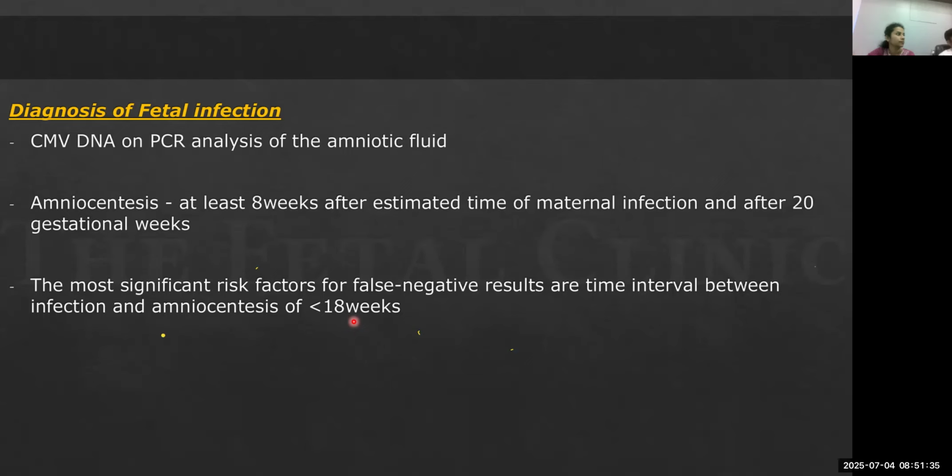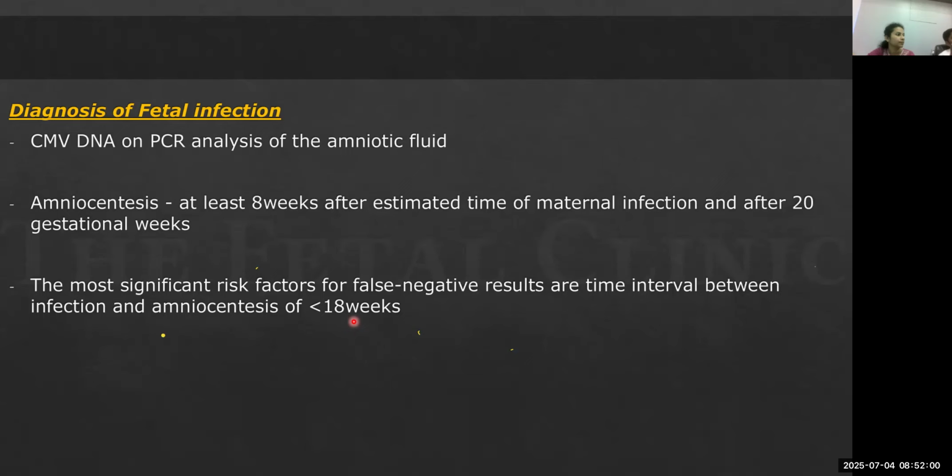Suppose there is an indication to do an amnio. You think there are some signs, mild hepatic calcification, but you are doing it around 19 weeks. You might miss it.